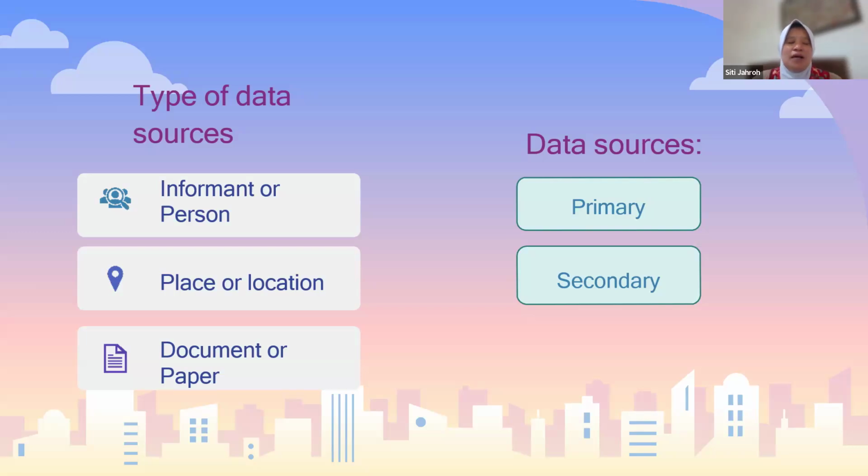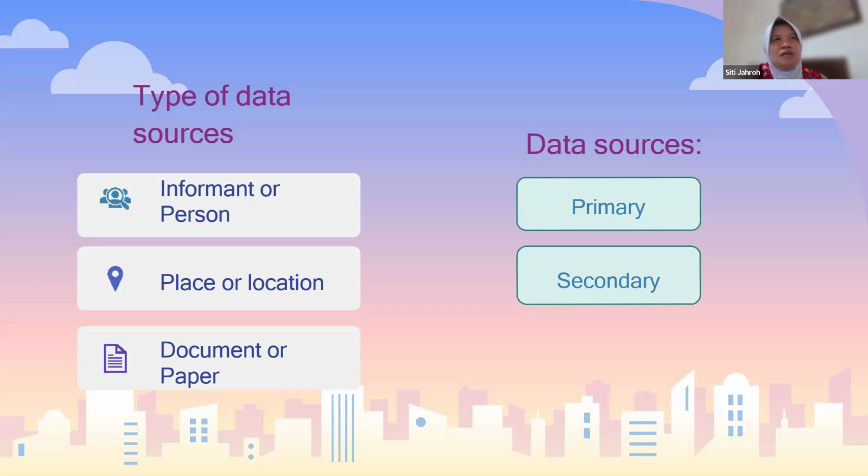Or maybe it's a document, a paper, such as the report of a company or organization, or a paper in a journal. That's the secondary data, while the primary data you collect by yourself.